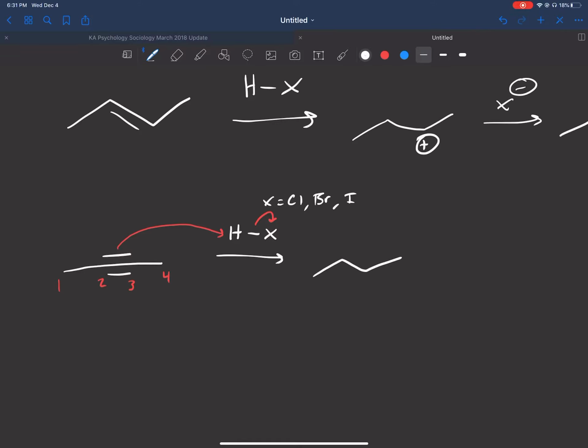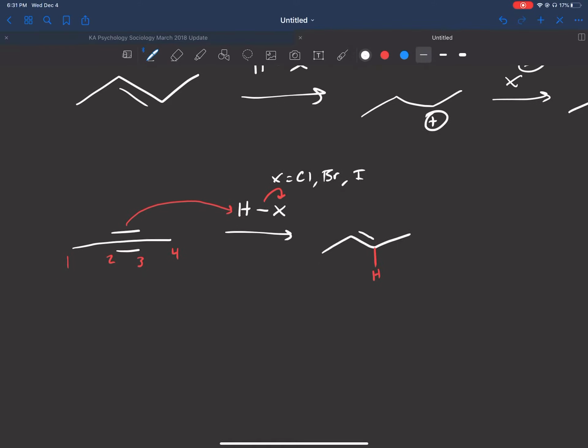So we draw a 4-carbon compound, and we're going to add the H. So let's say the H added to carbon 3. Okay. Now that means we just used up one of the triple bonds. So we're going to put a double bond there now. And what we've created is, because we removed that bond from carbon 2, we now have a carbocation there.